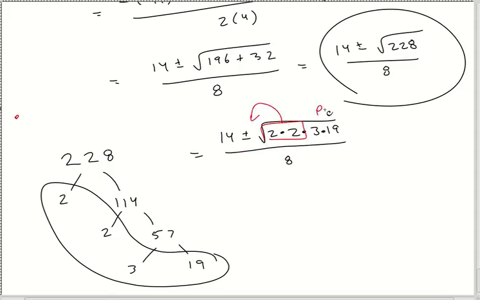Let me even say that. Pull out the pairs. And so what I actually have now is 14 plus or minus 2 times the square root of 3 times 19 on the inside. So if you see a pair of numbers, it doesn't have to be a pair of 2s, it could be a pair of 5s or a pair of whatever. Pull out the pairs to a single number in the front, and then you just keep on going.